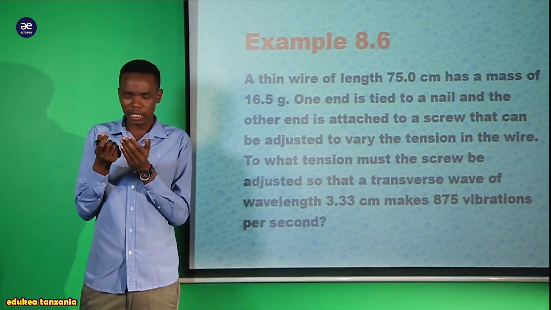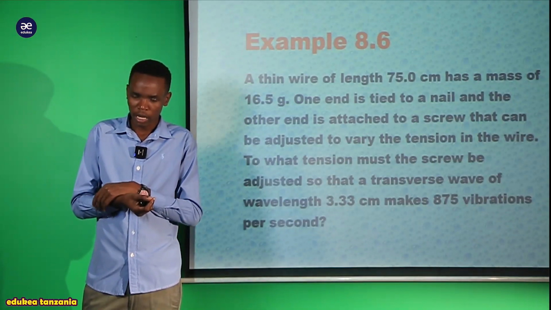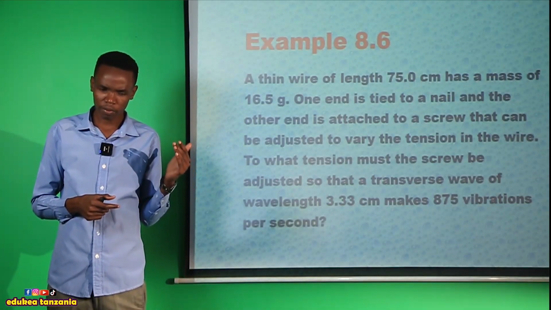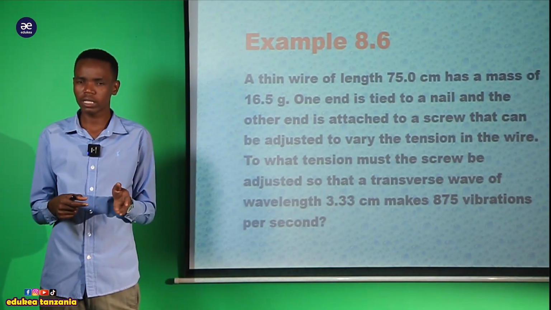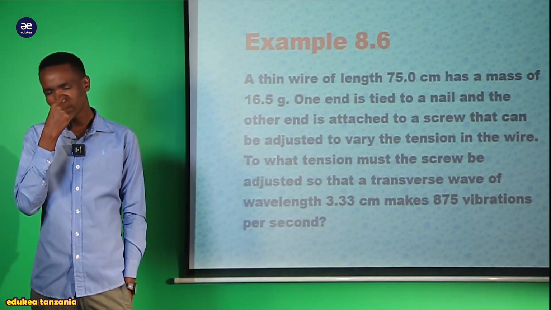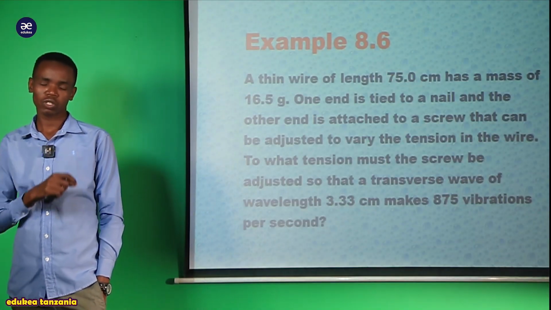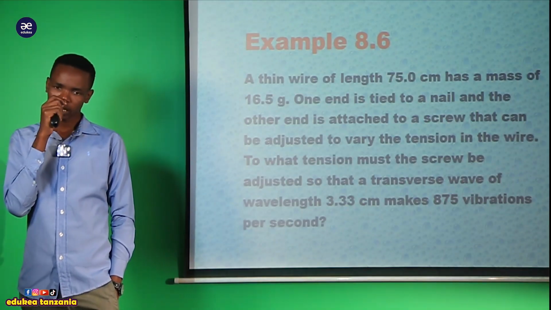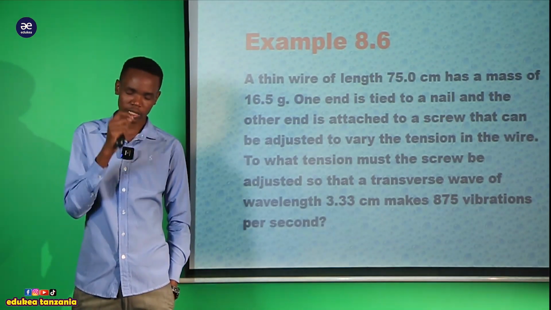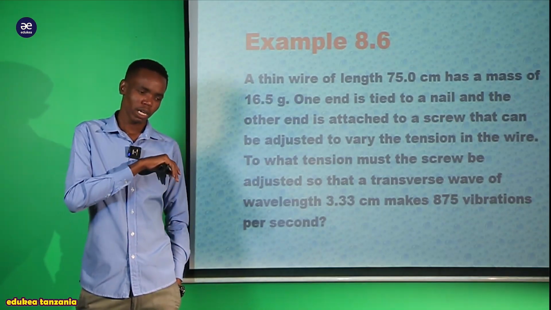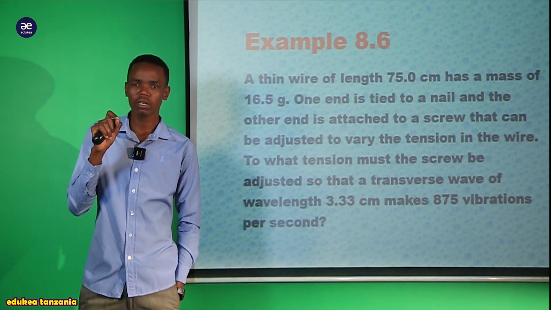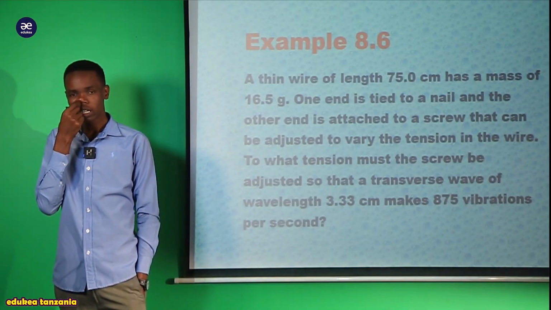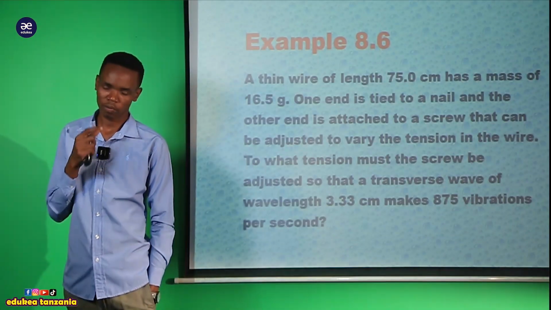And finally, for the second harmonic, which is the first overtone, the frequency must be equal to 2 times the fundamental frequency. Also, for the third harmonic, or the second overtone, the frequency must be equal to 3 times the fundamental frequency.